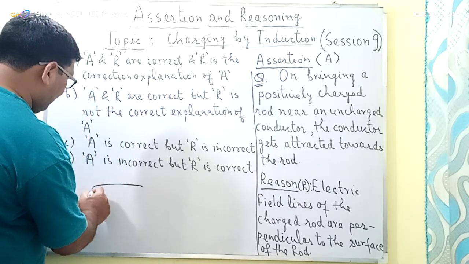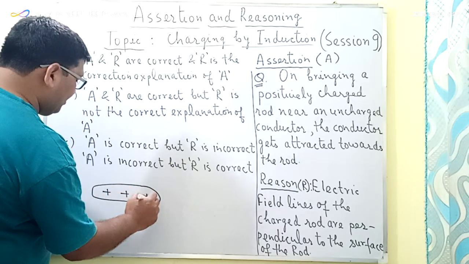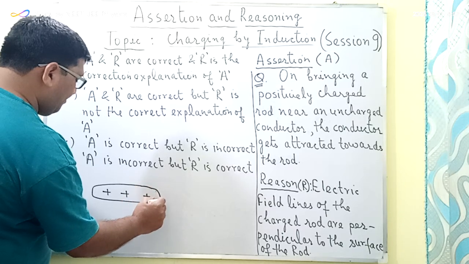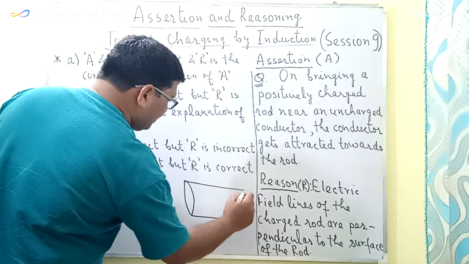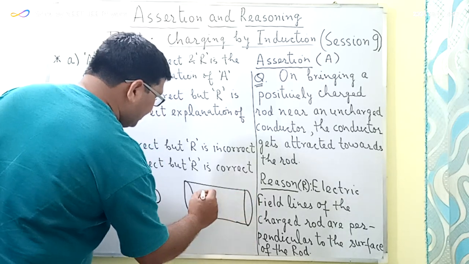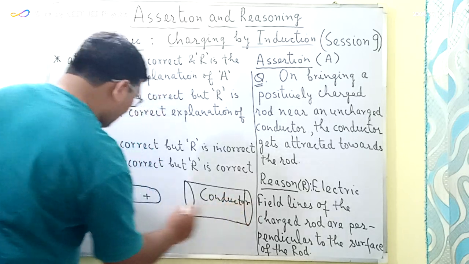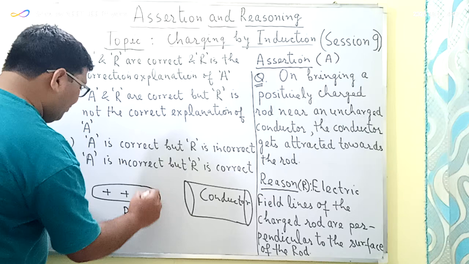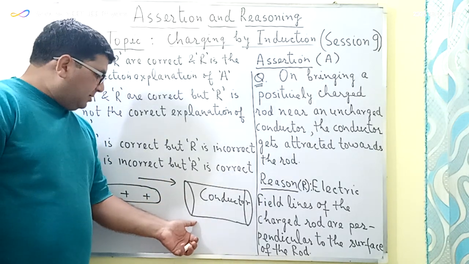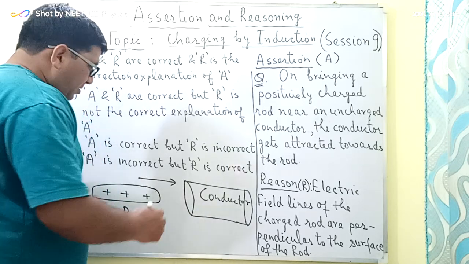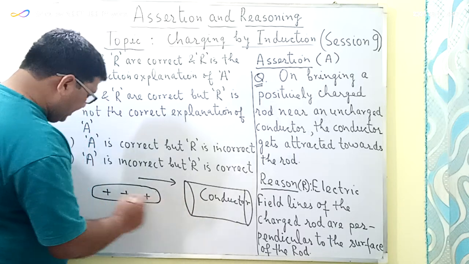So let us say this is one positively charged rod, and this is one uncharged conductor, and this is the rod.